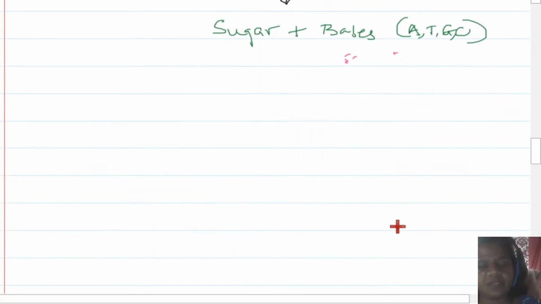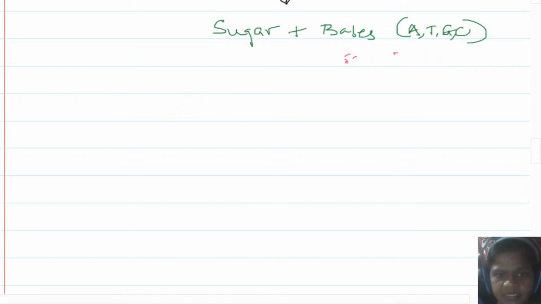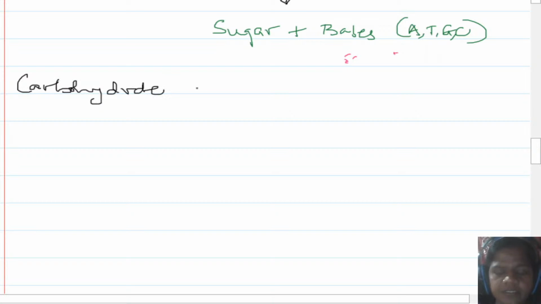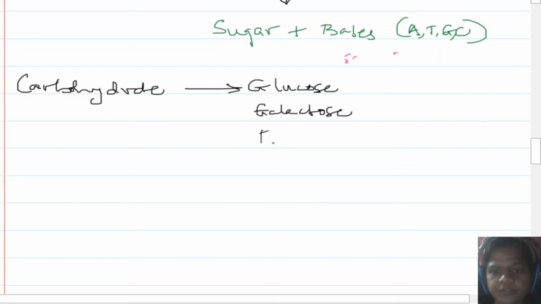Now we know the complete digestion of the food. So what are the end products? The end products of carbohydrate digestion are glucose, galactose and fructose, right?